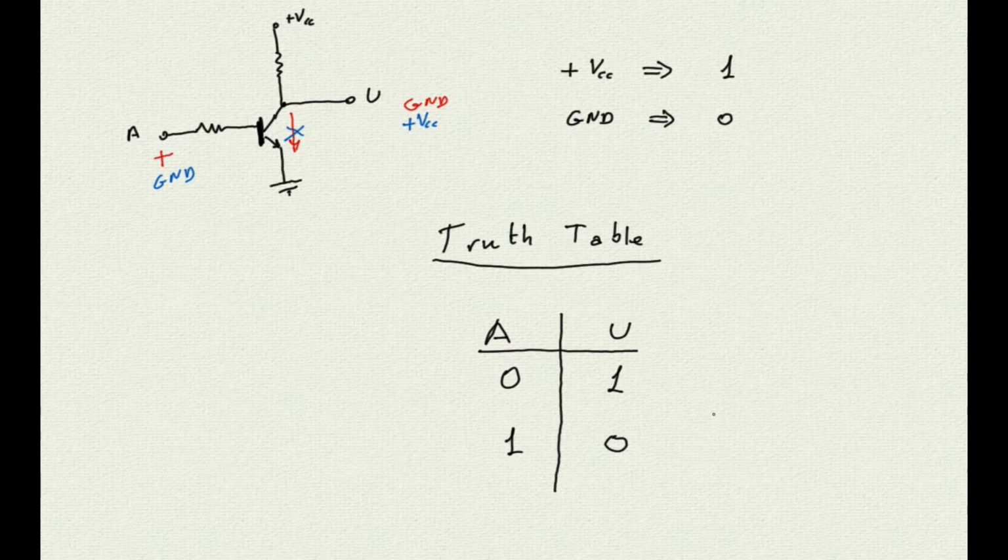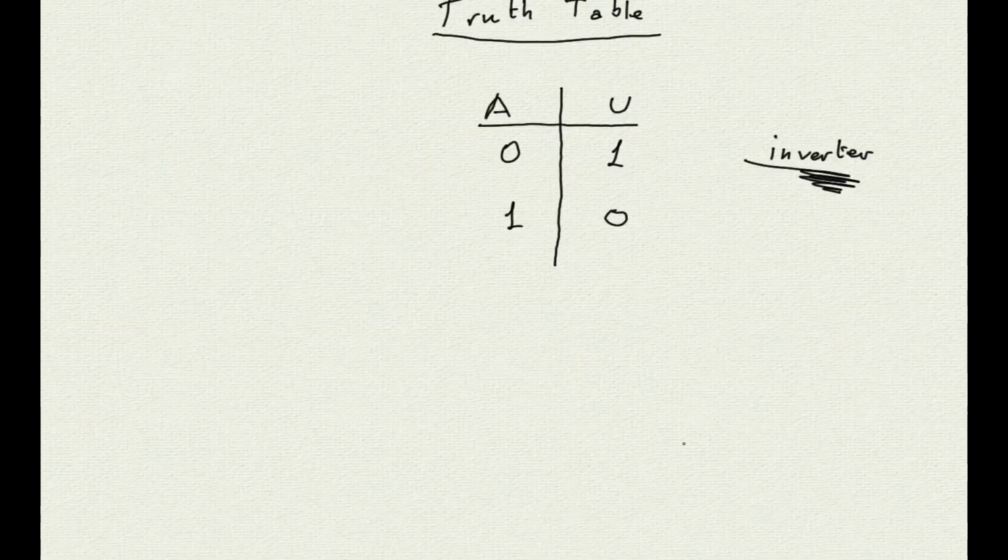This logic function, therefore, does just one simple thing. It generates an output that equals the inverse of the input, and for this reason the NOT gate is also called inverter. Using the Boolean algebra, which we mentioned in the previous video, we can define for each basic logic function a specific symbol.